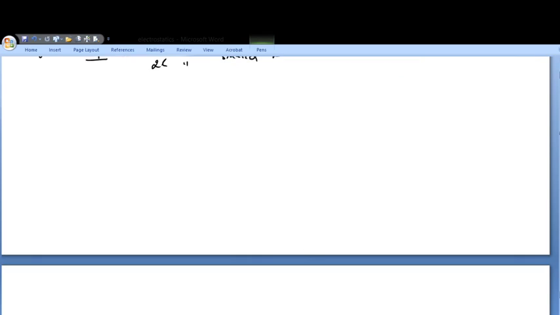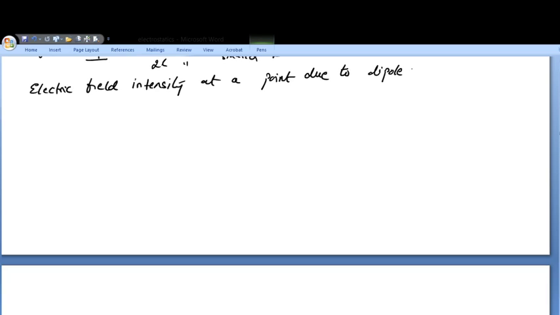So here we need to calculate the electric field intensity at a point due to dipole at axial, or you say end on position.